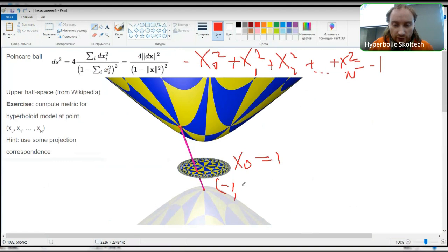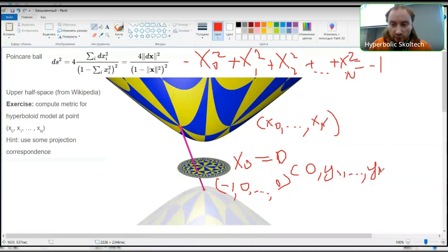This is the point minus 1, 0, 0, 0. And this is a central projection from this point of the hyperboloid onto the plane x0 equals 0. So here is a point x0, etc., xn, and here we have a point 0, y1, etc., yn.